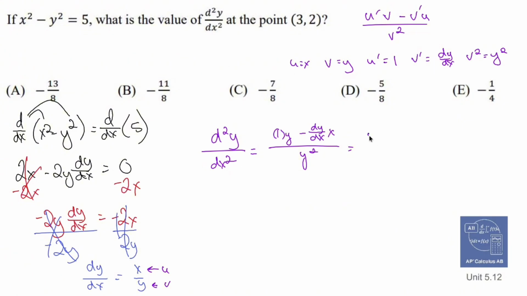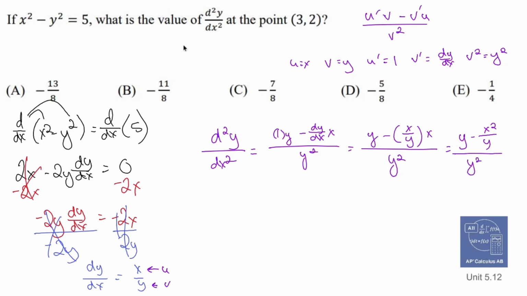How in the world am I going to deal with that dy/dx? Oh, wait a minute. dy/dx is just x over y. So I'm going to replace dy/dx with x over y. How nice. Times x all over y squared. So let's simplify this just a little bit further. y minus x squared over y all over y squared.